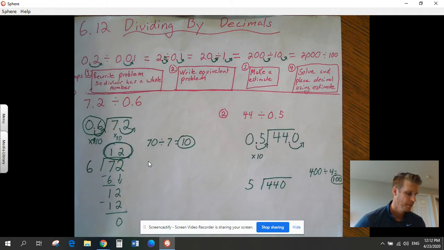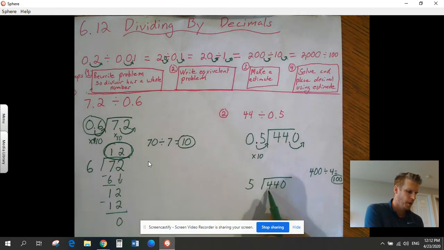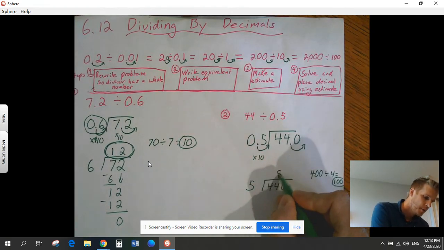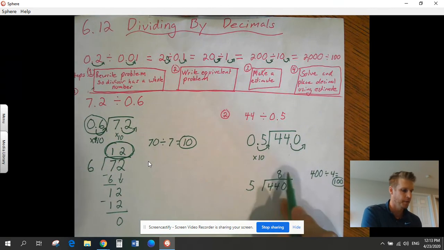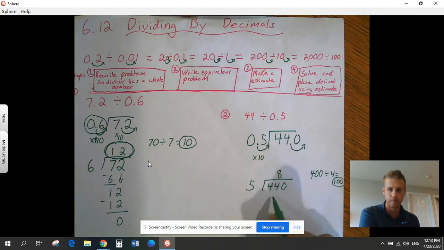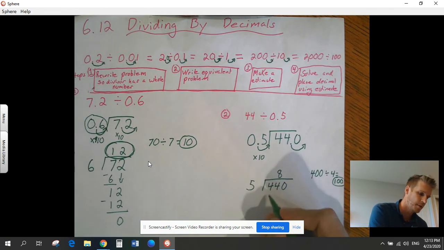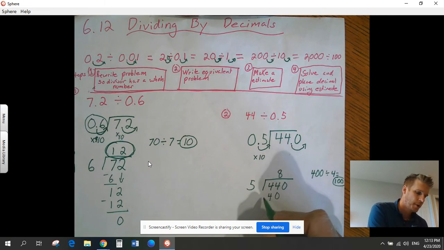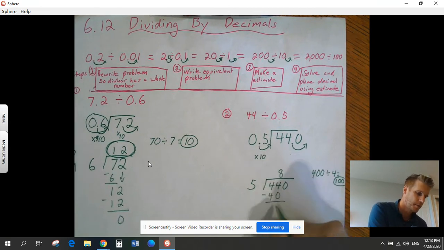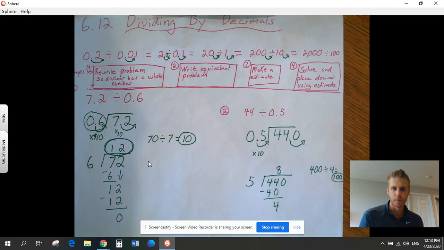So after we have that, we can do it. First thing is divide. We can't fit 5 into 4, so we're going to have to put it into 44. I know that 5 times 8 is 40, and 5 times 9 would be 45. That would be too much, so I'm going to stick with 8. That equals 40. We're going to subtract. We get 4.